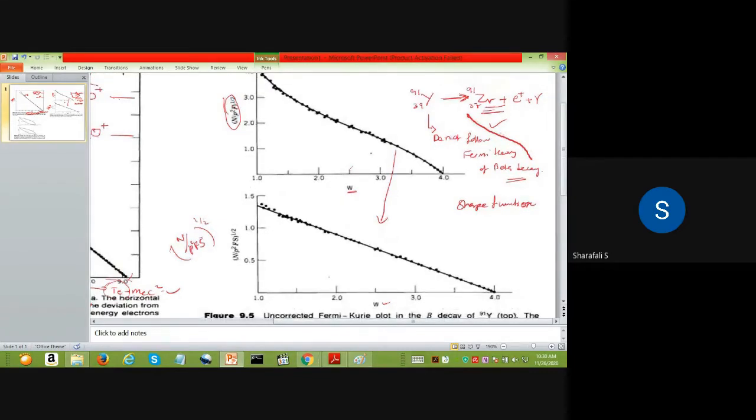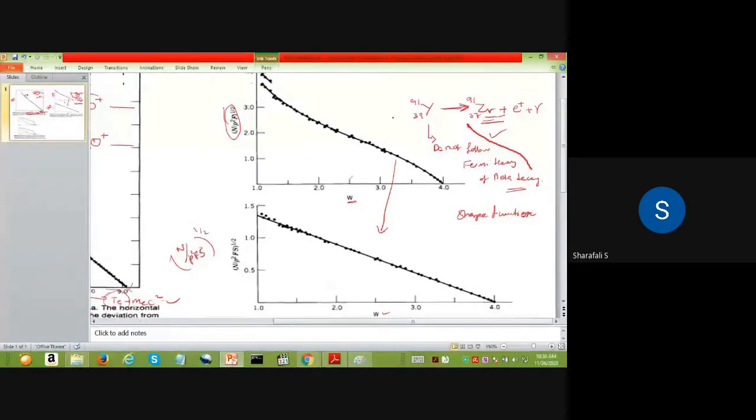That means that with the shape function you can change the deviation of these different beta decay processes which do not follow that straight line, and change them into a straight line by addition of that shape function, which means that we need that shape function also in our Fermi theory of beta decay process. Then only that whole equation is fully valid and follows the experimental result exactly.